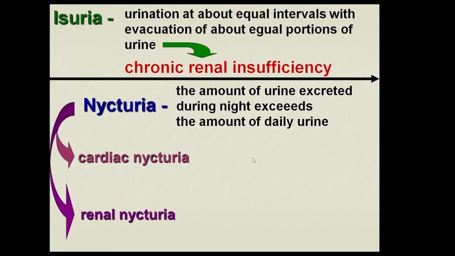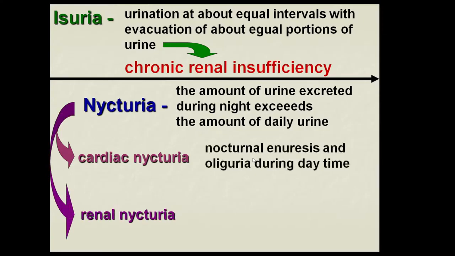is characterized by daily oliguria, an amount of daily urine less than 500 milliliters, but nocturnal urination significantly exceeds daily urine. It helps you understand why cardiac edema intensifies toward the evening and disappears in the morning.